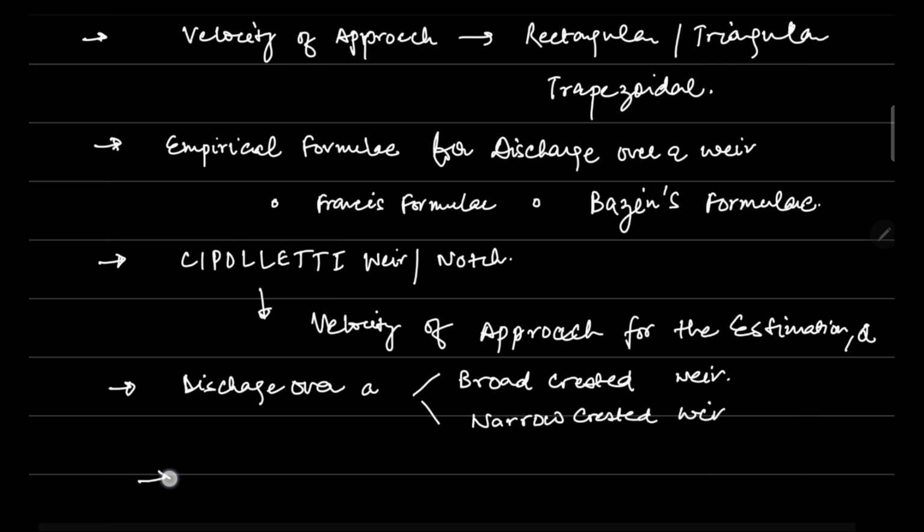And then at the end of this discussion, or you may say lecture, we will figure out how to measure the discharge over an ogee shape weir.